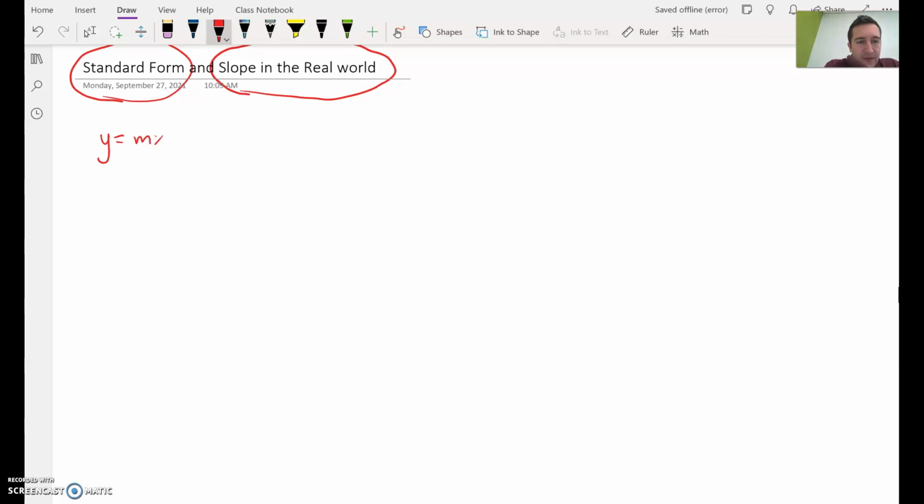So first thing, we learned about y equals mx plus b. That's slope-intercept form. An example of that would be y equals, say, 2x minus 5. The 2 is the slope. The negative 5 is your y-intercept. So slope and y-intercept. Then we had point slope: y minus a y value equals your slope times x minus an x value.